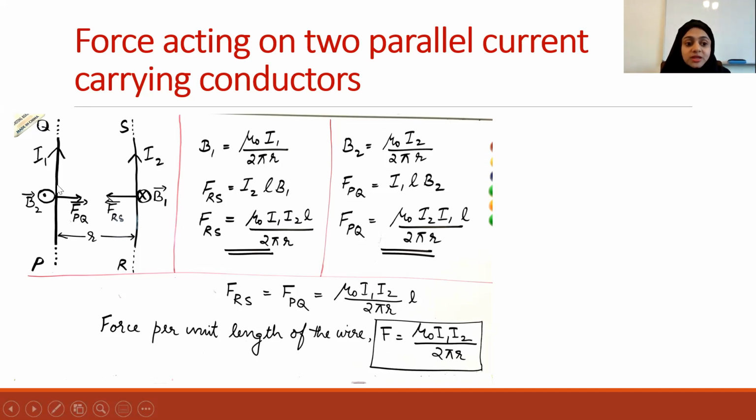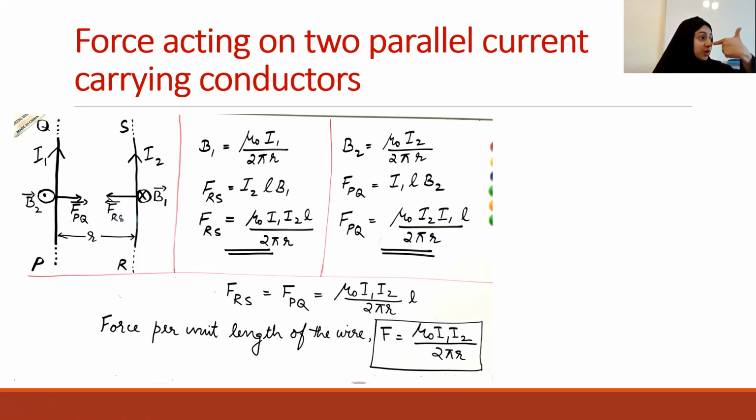And now let me use Fleming's left hand rule for finding the force acting on PQ. I'm taking my left hand and holding my first finger out of the paper, out of the screen. It's coming towards me, towards my nose.